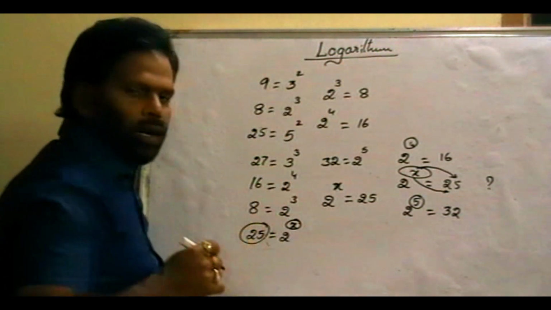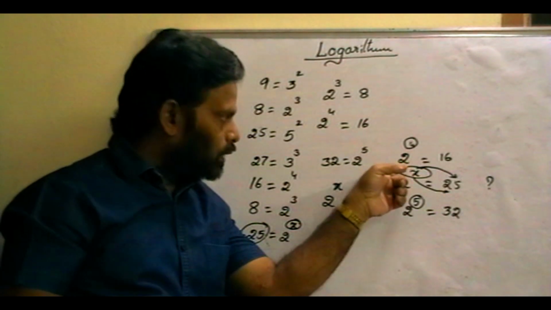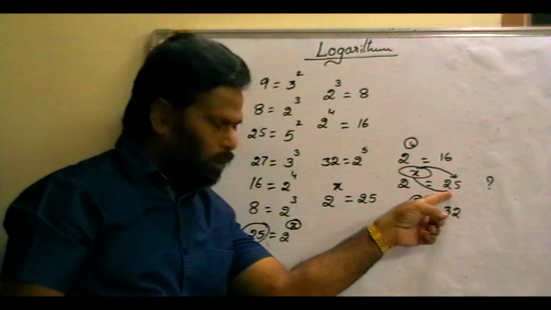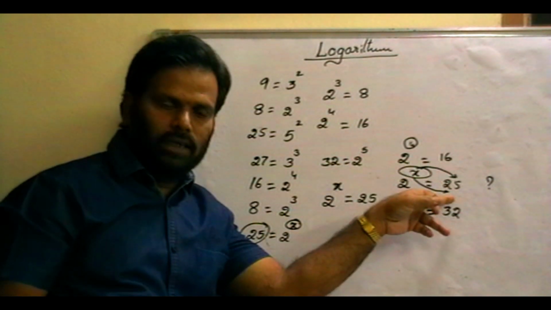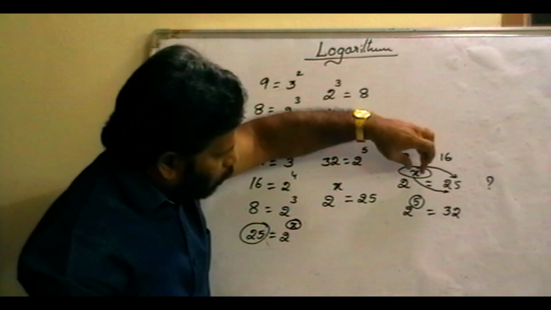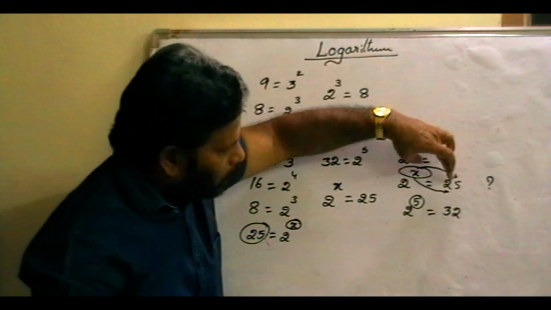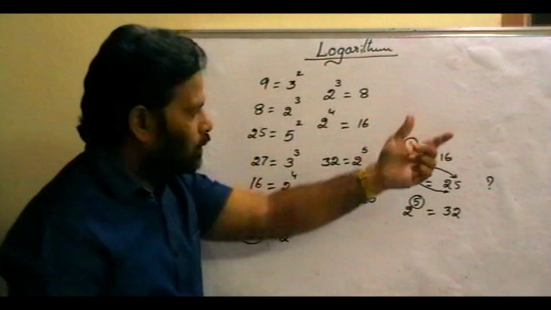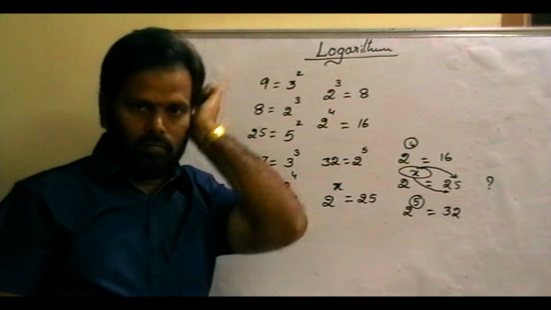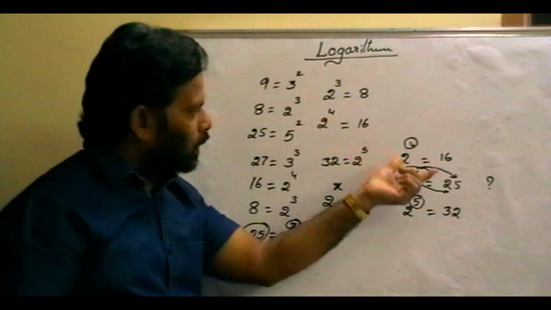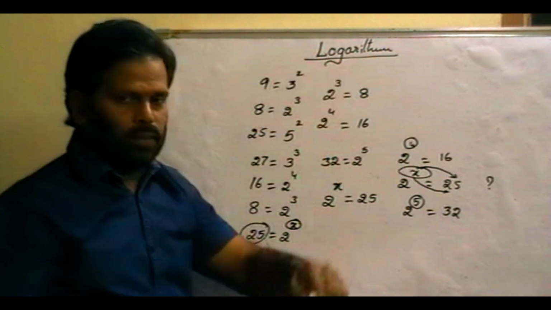It is a new relation between the exponent, the power, to find the value of the power. 2 to the power of how much is equal to 25? The new relation that is introduced is the logarithm.